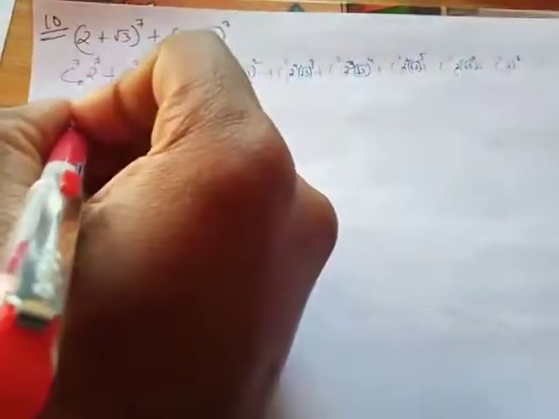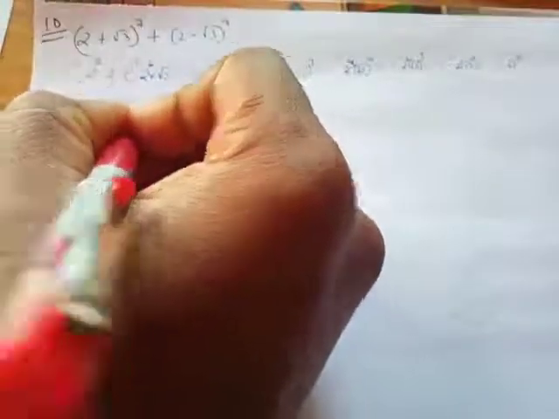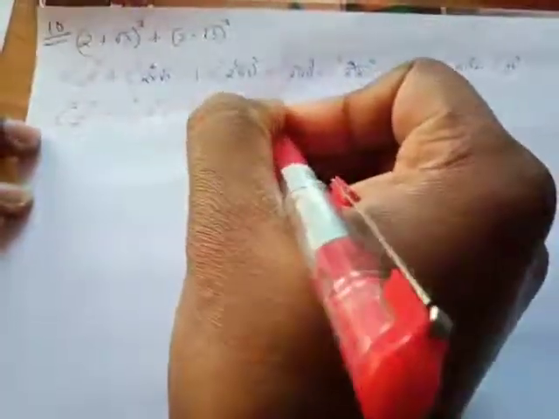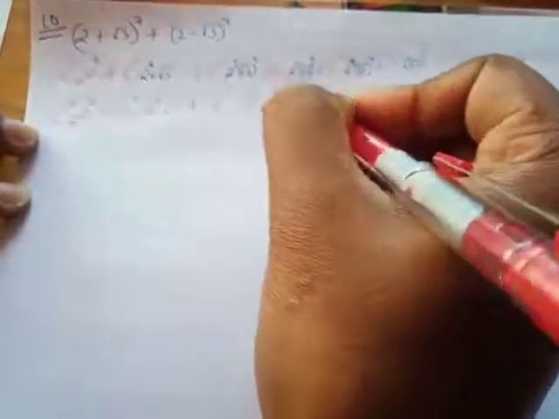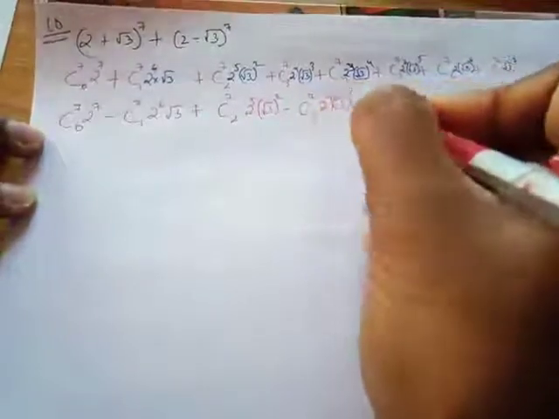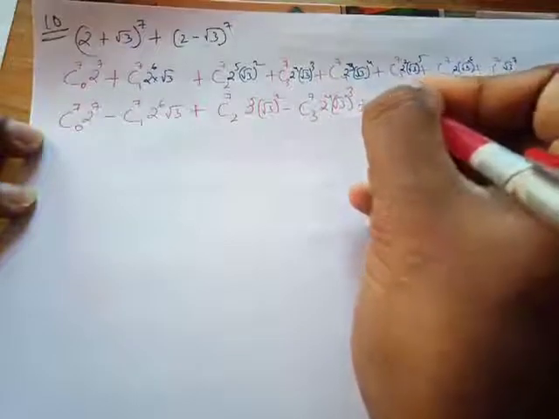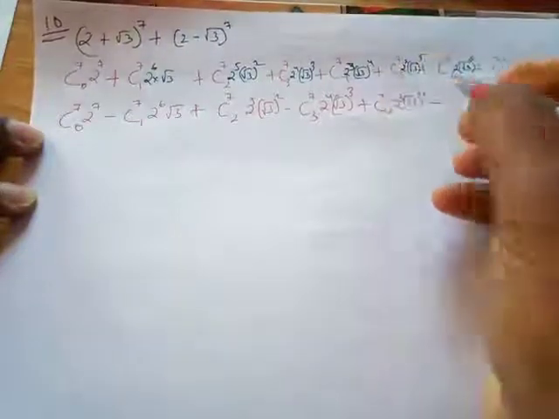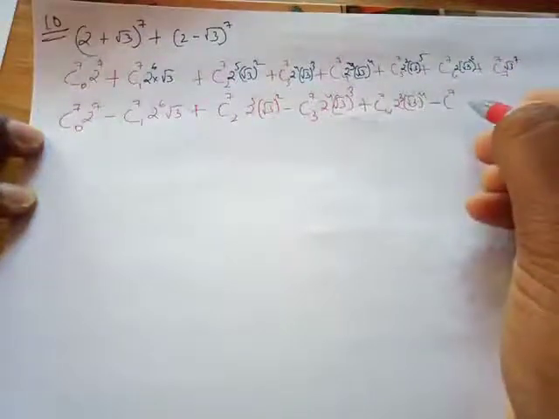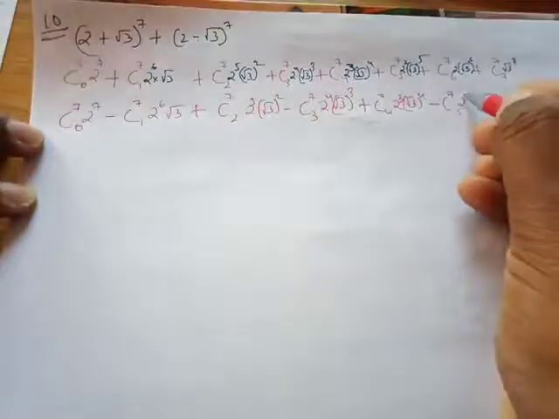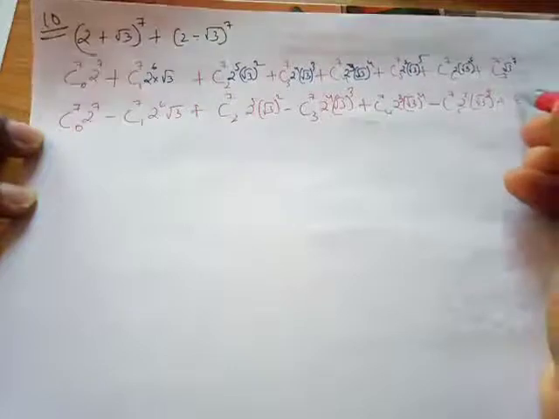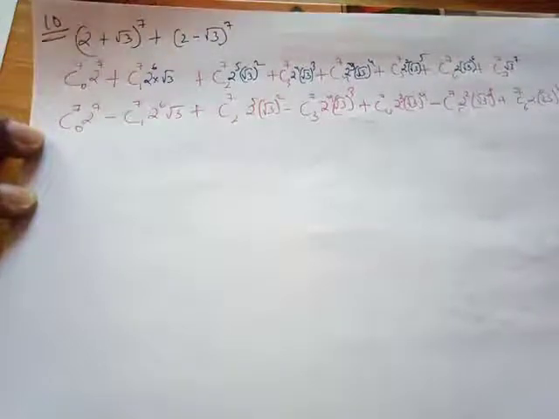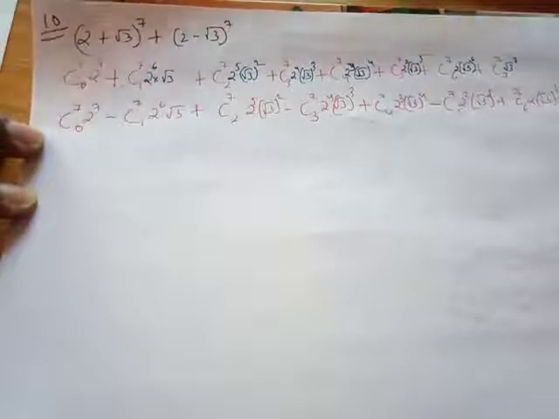So this is going to be plus 2 to the power 7 minus C to the power 7 1 2 to the power 6 into root 3 plus C to the power 7 2 2 to the power 5 root 3 to the power 2 minus C to the power 7 3 2 to the power 4 root 3 cube plus C to the power 7 4 2 to the power 3 root 3 to the power 4, and then minus C to the power 7 5 2 to the power 2 root 3 to the power 5 plus C to the power 7 6 and 2 to the power 1 and root 3 to the power 6 minus C 7 7 root 3 to the power 7.